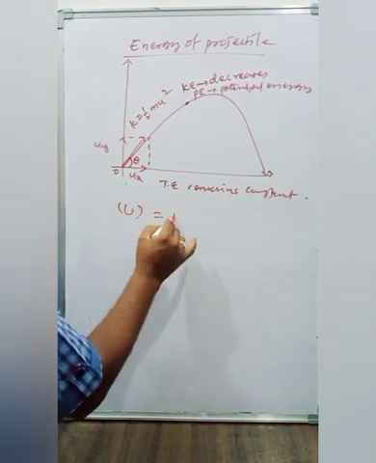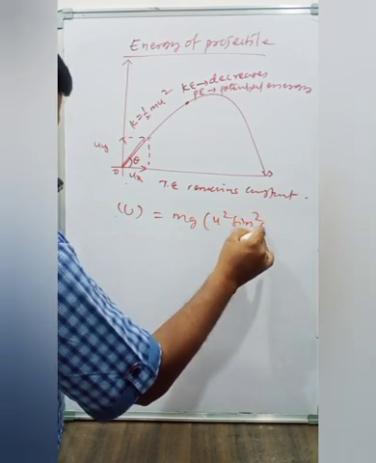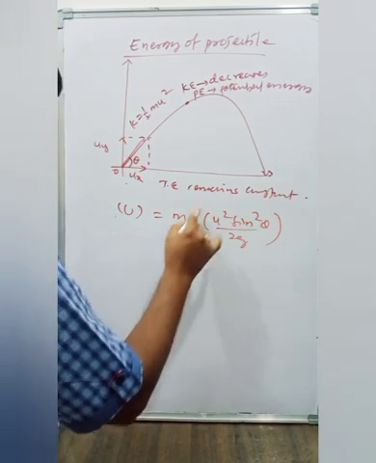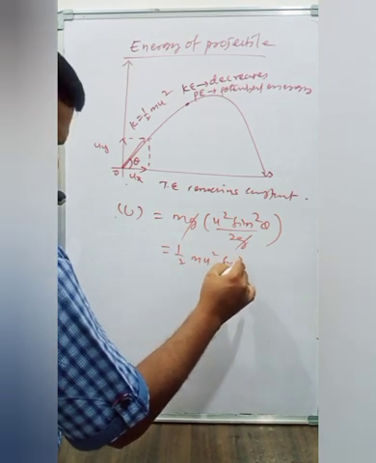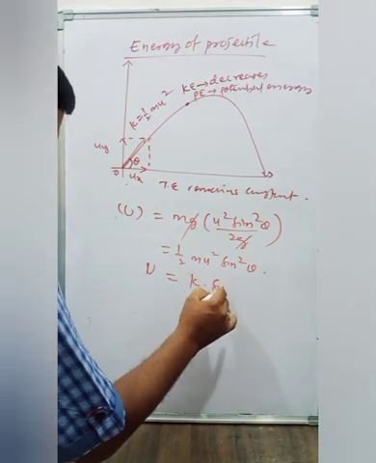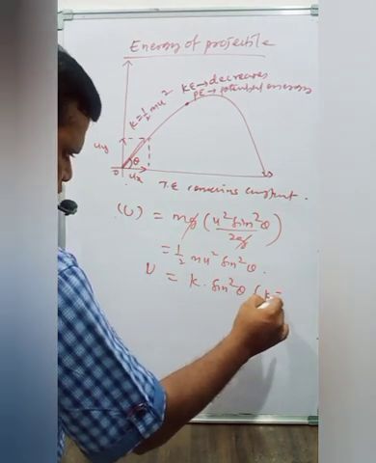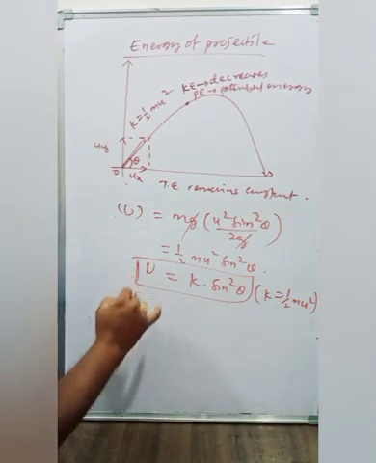U is equal to mg into u square sin square theta by 2g. Here g cancels, therefore half m u square sin square theta, therefore U is equal to K into sin square theta, where K is equal to half m u square. So this is the potential energy.